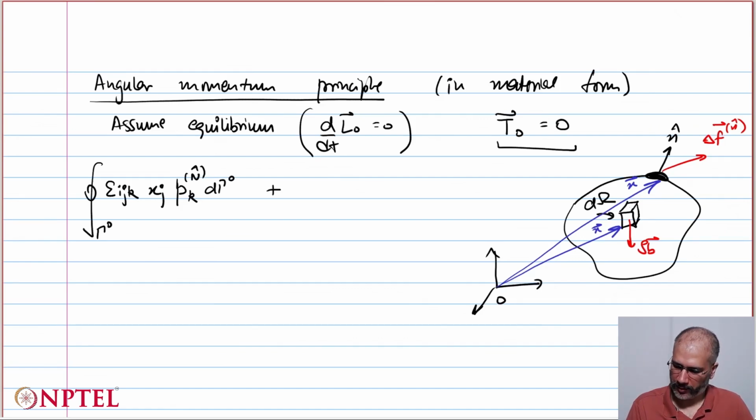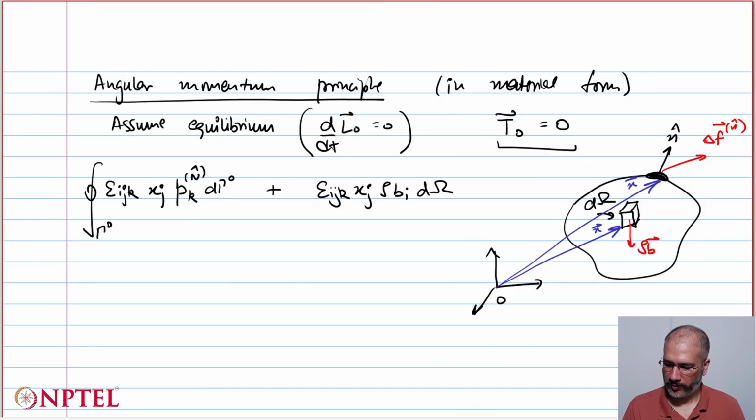And then we have the moment of the body force rho bi, so that's an epsilon ijk xj times rho bi times d omega, because this rho bi is written in the current configuration. And this is equal to 0 because we are assuming the net torque to be 0.